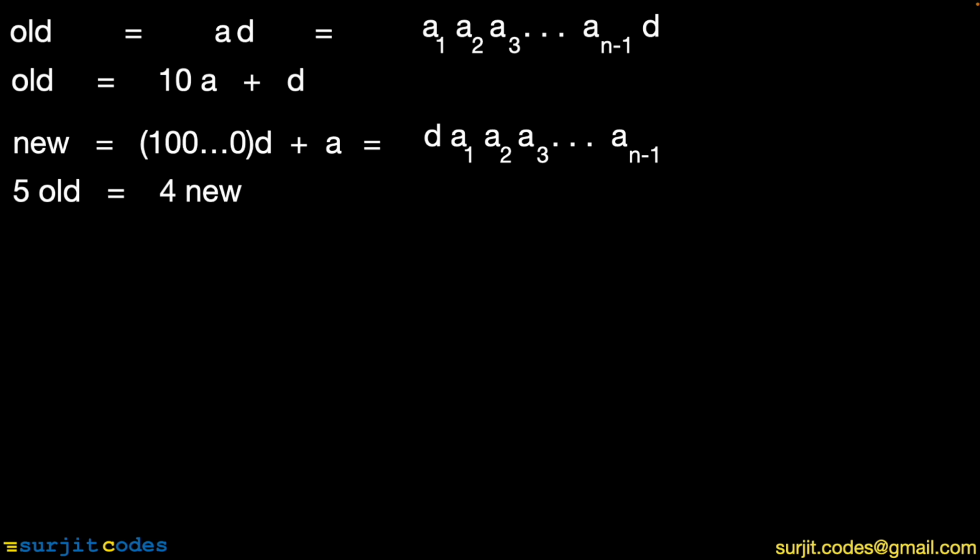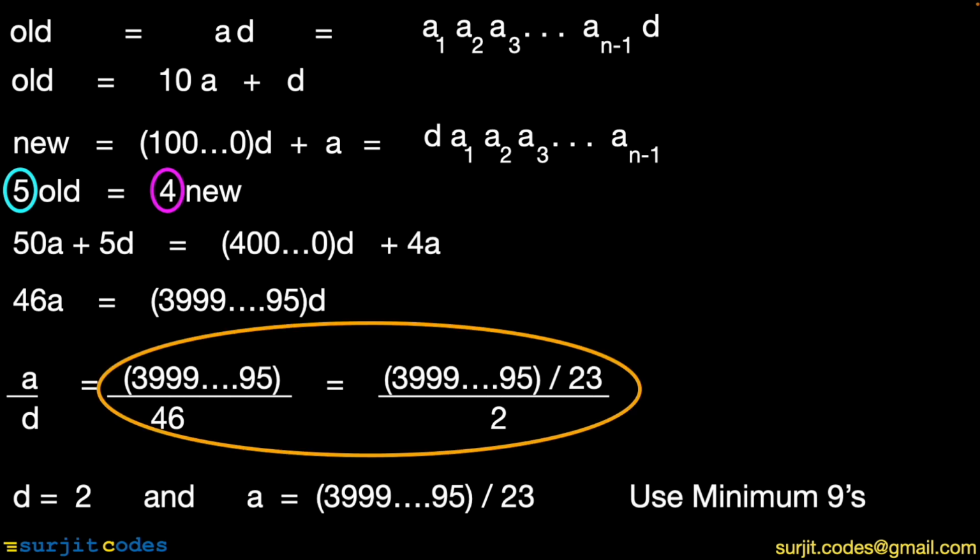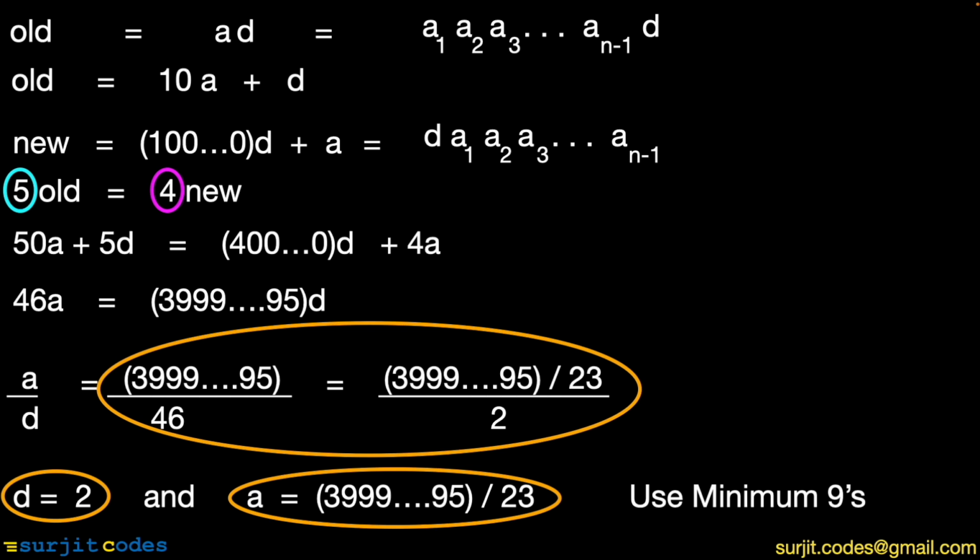Using the given relation between old and new numbers in the problem, we obtain these relations. Instead of 5 and 4, we will use constants old times and new times in the program. This way, we will be handling all other similar problems. We will have to make corresponding changes in the subsequent expressions to find the values of d and a.